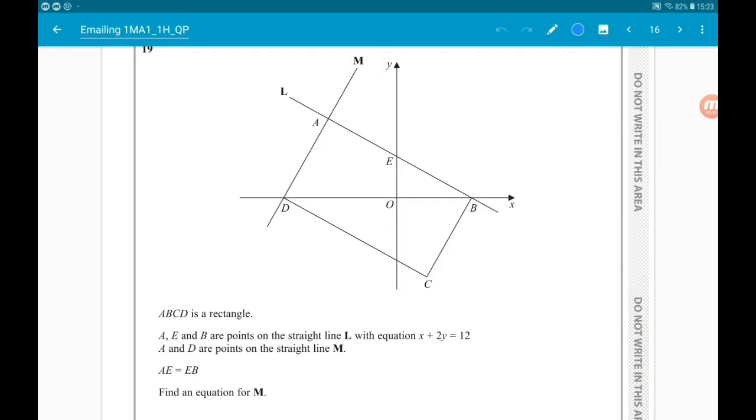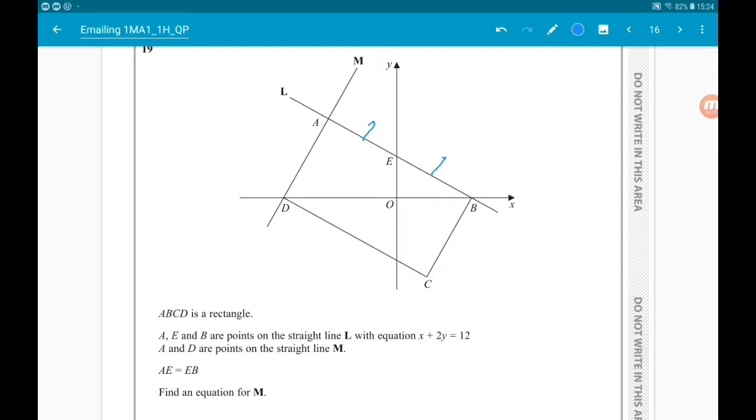So this part of line is the same length as that part. We want to find an equation for M. Okay, so I would say this is probably one of the trickiest questions on the paper. There's lots to do. So, first of all we need to work out, well, what information do we have? What can we do with it?